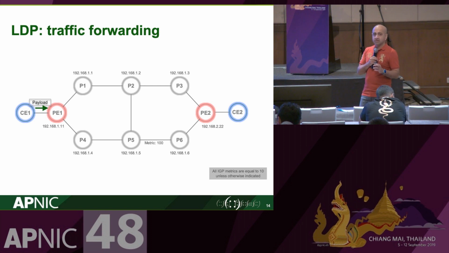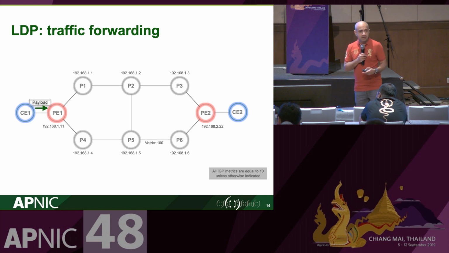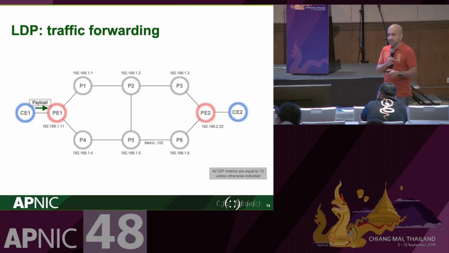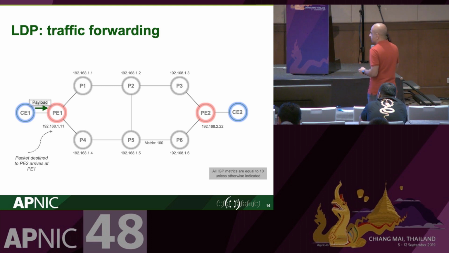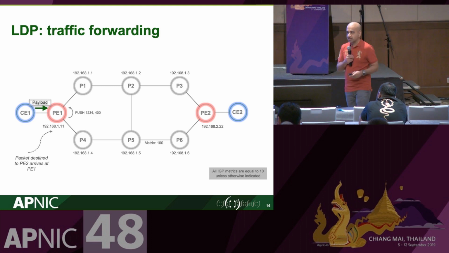The second thing it tries to work out is, where do I send this packet? CE1 and CE2 are part of the same VPN, so the packet needs to be sent to which PE device? PE2. So it looks up its label map, the one we saw earlier, to find out what is the label to get to PE2. And it decides that the label is 400, if you remember.